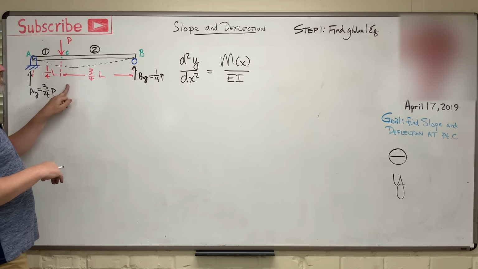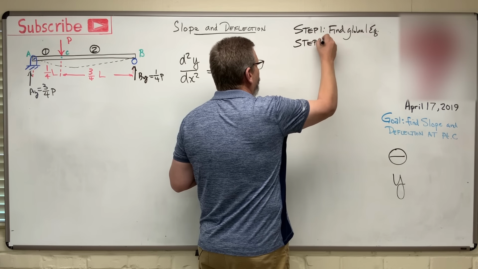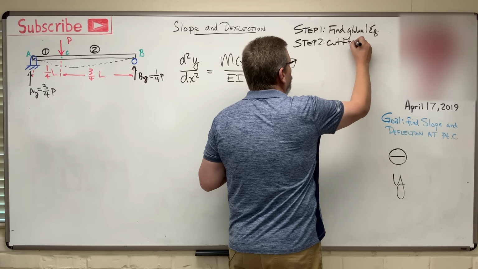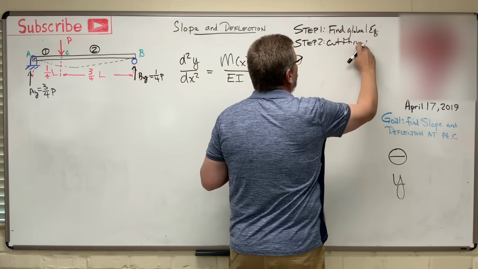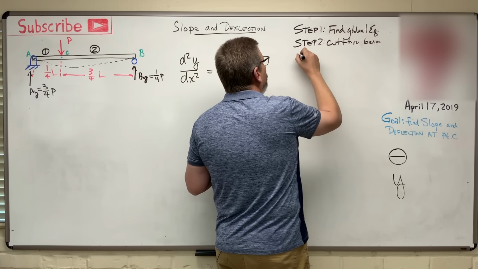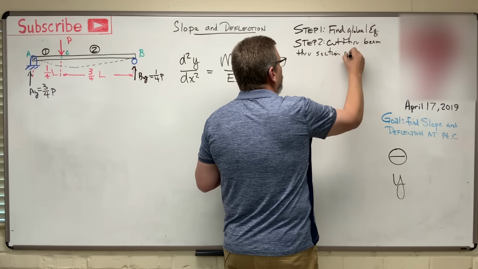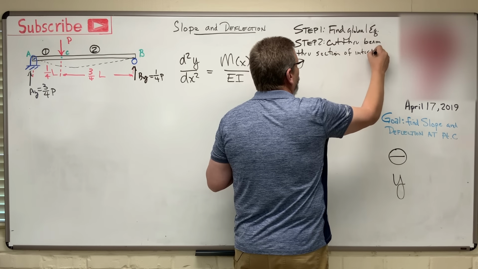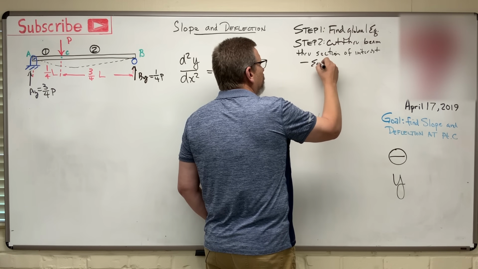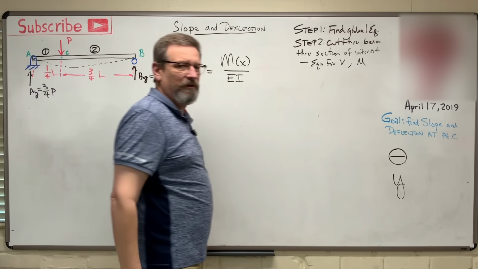Okay. Step 2. What's step 2? We need to cut through the beam, let's just say through the section of interest, and then from that we can find an equation for V and an equation for M, okay?